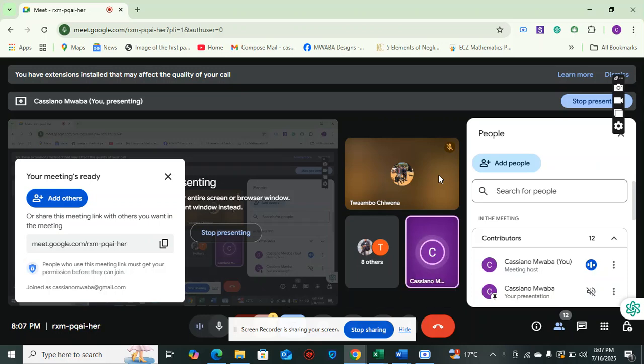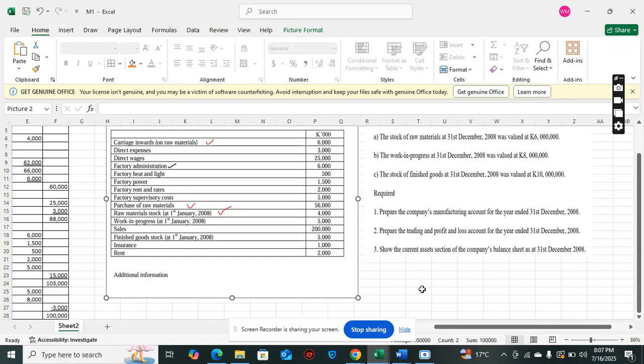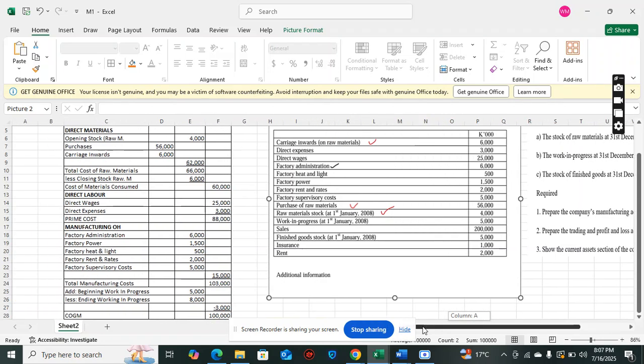Colleagues, do you remember from yesterday the difference between gross profit and net profit? I hope we all remember. Do we remember? Mr. Twambo representing the masses, do we remember?